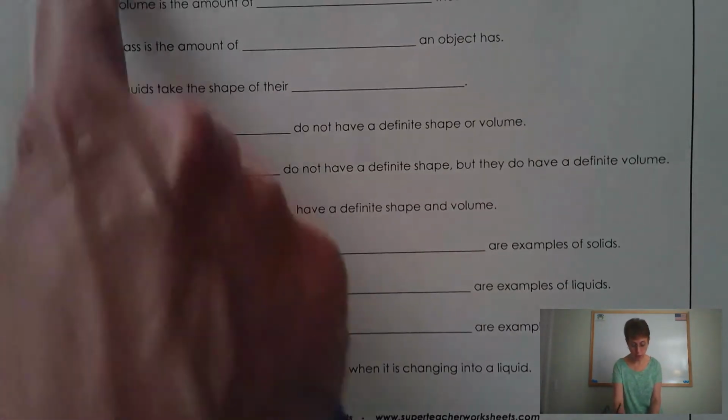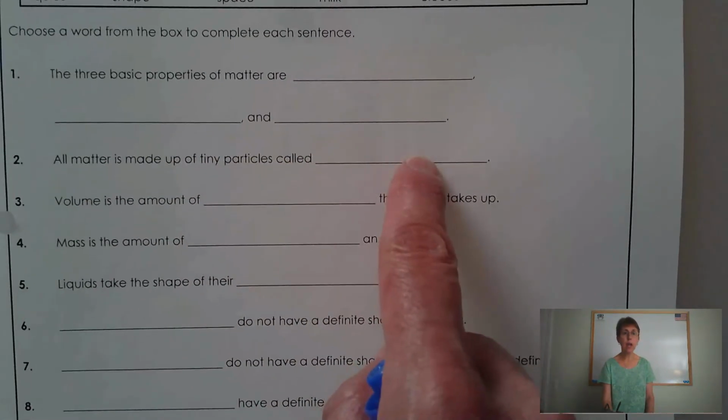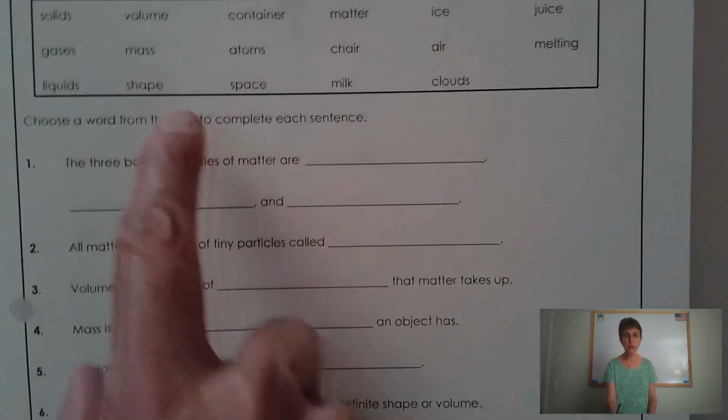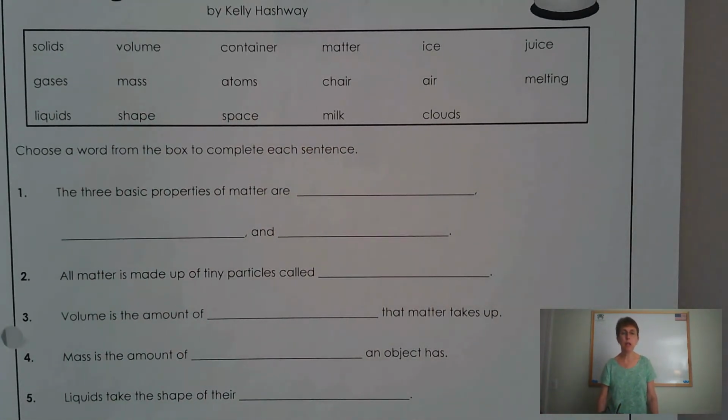So even though it's numbered 1 to 12, some of those sentences, like number 1, have more than one blank in them. So you have 17 words up here in the box. You have 17 blanks. Each word will be used only one time.